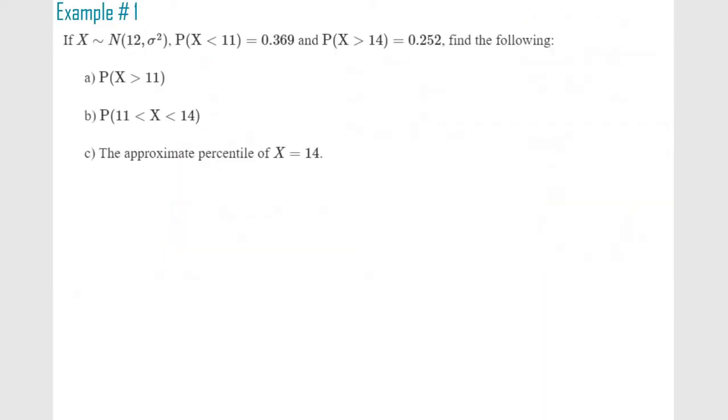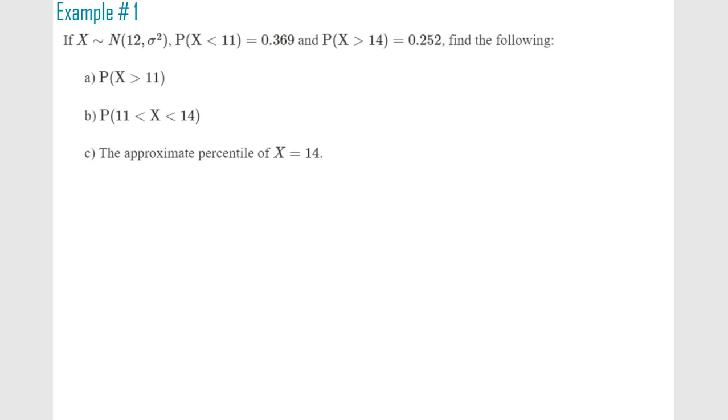Okay, so the best way to do anything is with an example. So here we have all this information. What this means is you have a normal distribution with a mean of 12 and some standard deviation. You know the probability that x is less than 11 and the probability of x being greater than 14. So now you want to find the following.